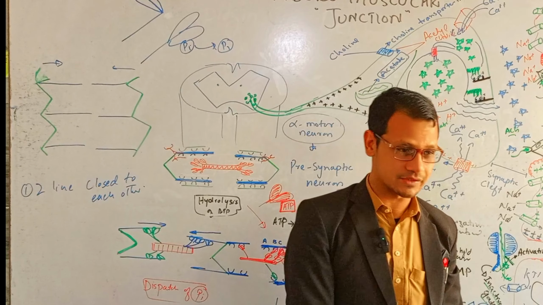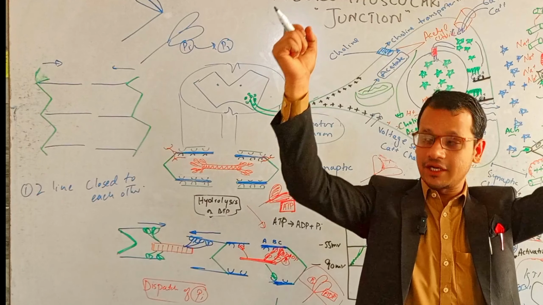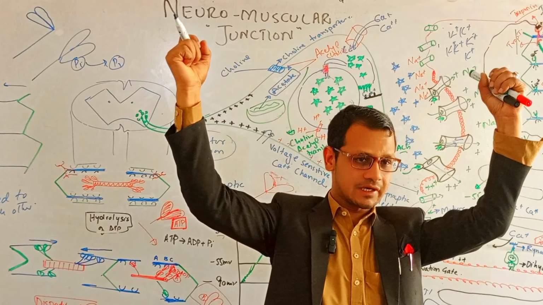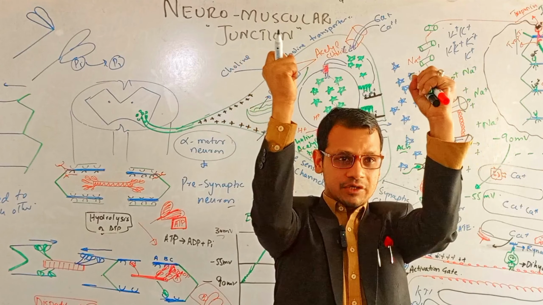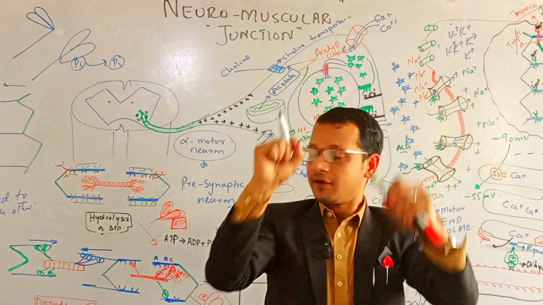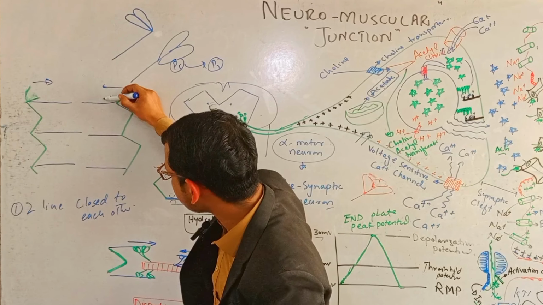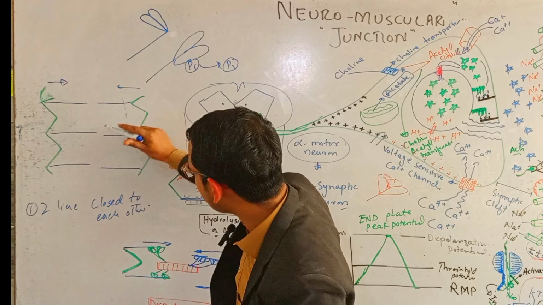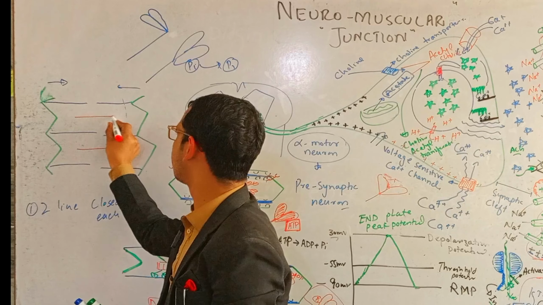This Z line and this Z line are close because these actin proteins are attached to the Z line by nebulin proteins. Do you remember nebulin proteins? So for example, this is a Z line and this is a Z line, and when the actins are contracted, they will bring the Z lines close to each other. Now this is the A band. For example, these are the myosins.